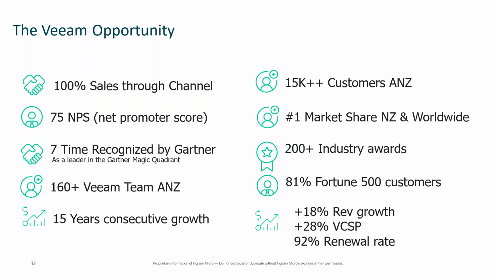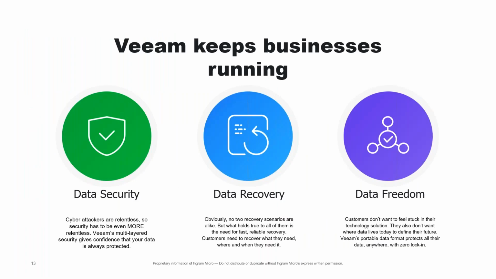We have the number 1 market share in New Zealand and worldwide, and have received 200 plus industry awards. What I wanted to highlight is the continuous revenue growth, as well as the 92% renewal rate. So when we talk about how Veeam helps businesses, Veeam is focused mainly on 3 pillars.